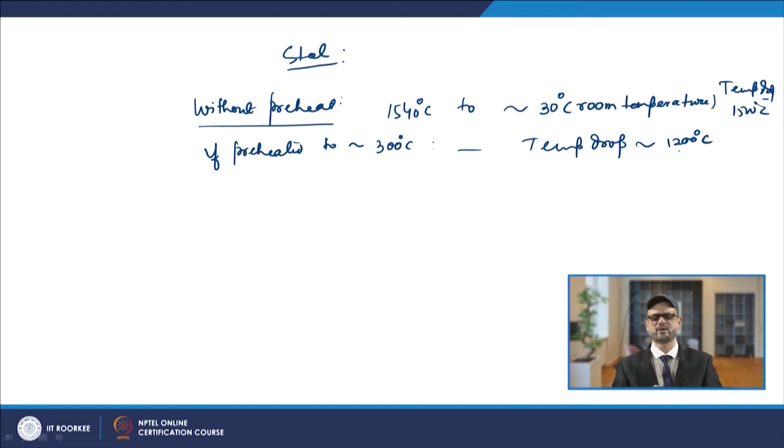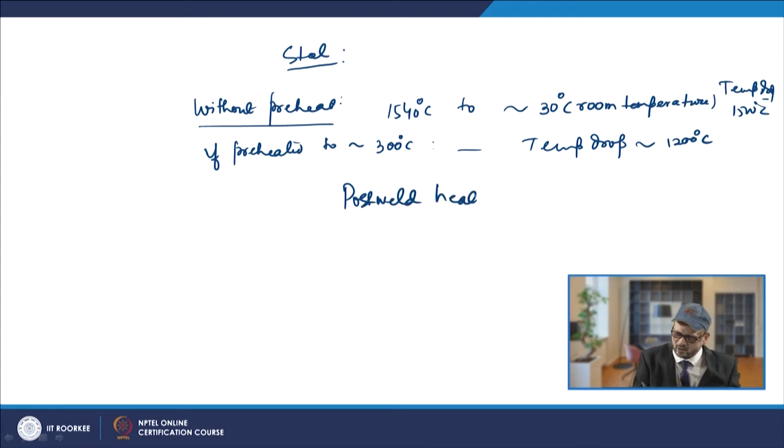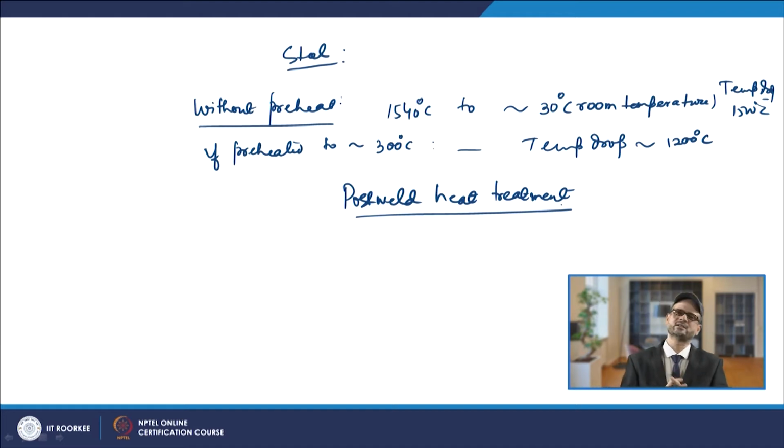Now, normally when we talk about post weld heat treatment, it is primarily intended for stress relief treatment. What happens is that when there is a large cooling rate, many times when we are welding high carbon steel or high alloy steel, the post heating is also important.